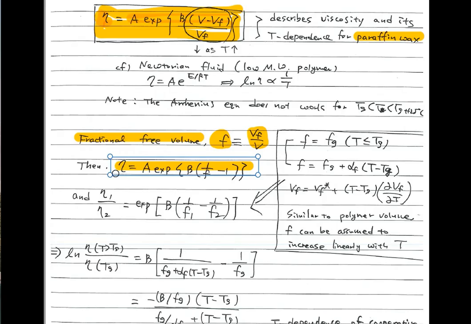Then eta is A times exponential B times (1 over f minus 1). Then let's denote this f as Fg when the temperature is below Tg, in the glass state, and above Tg, f should be equal to Fg plus the thermal expansion coefficient times the temperature change.